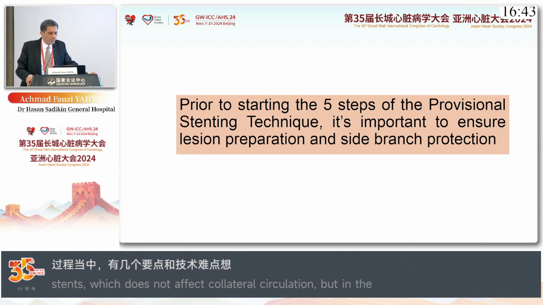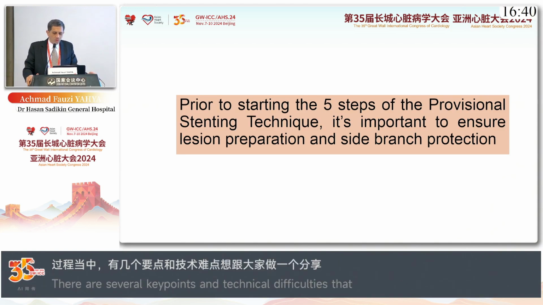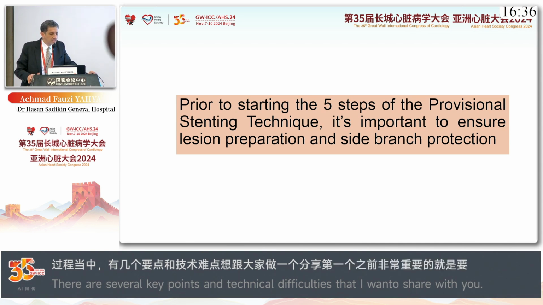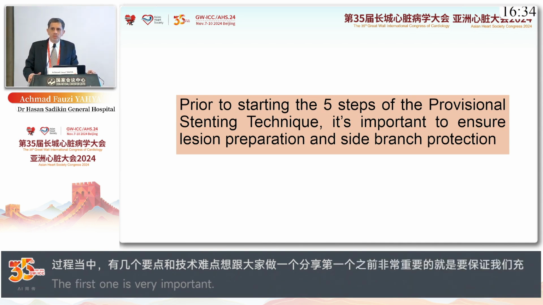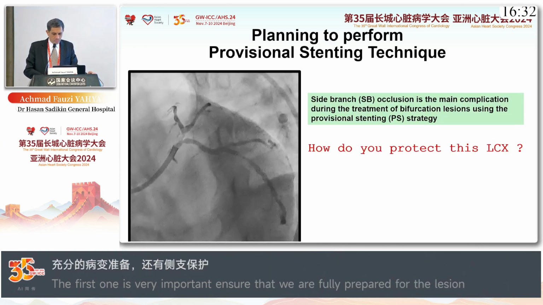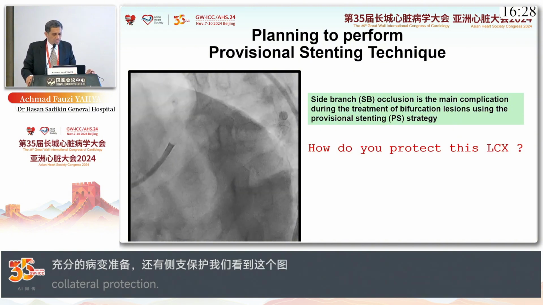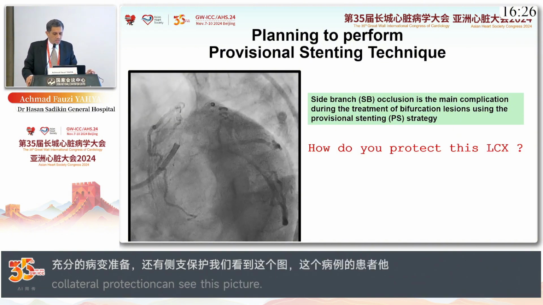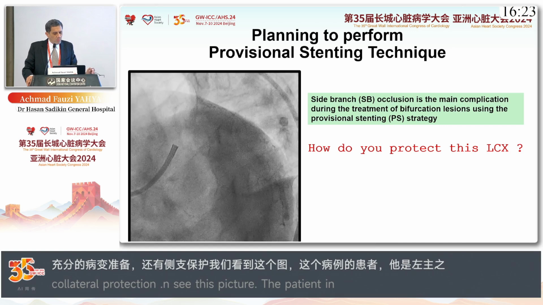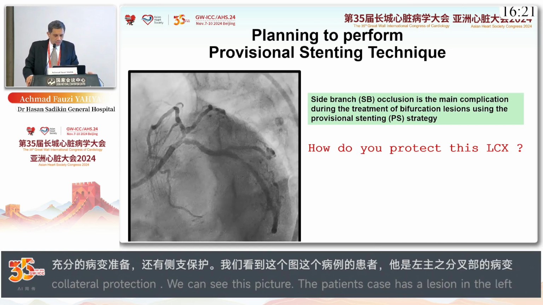So the first one, prior to starting the 5 steps of the provisional stenting technique, it is important to ensure lesion preparation and side branch protection. Look at this case. This is a left main bifurcation case. We plan to perform the provisional stenting technique.